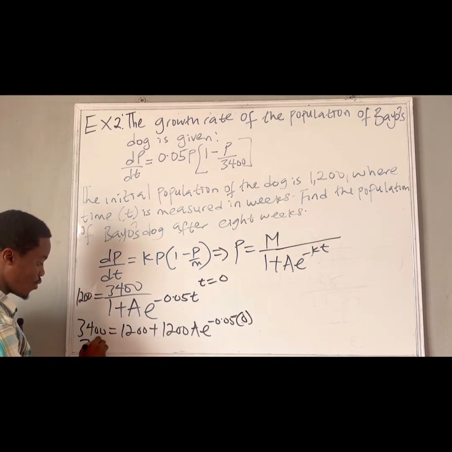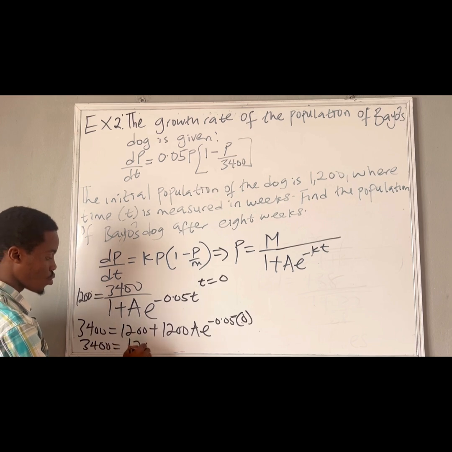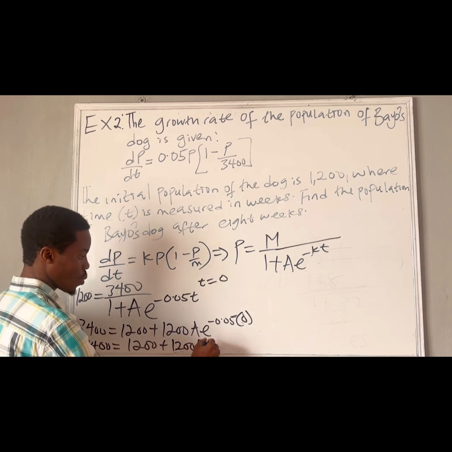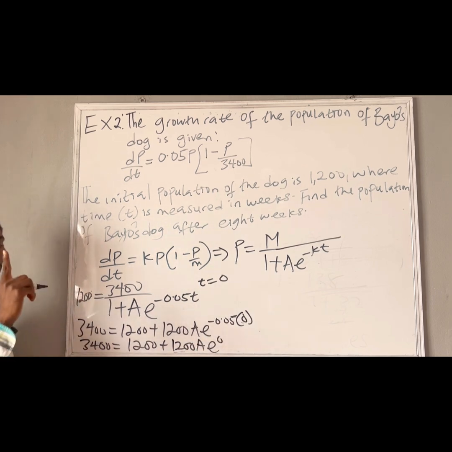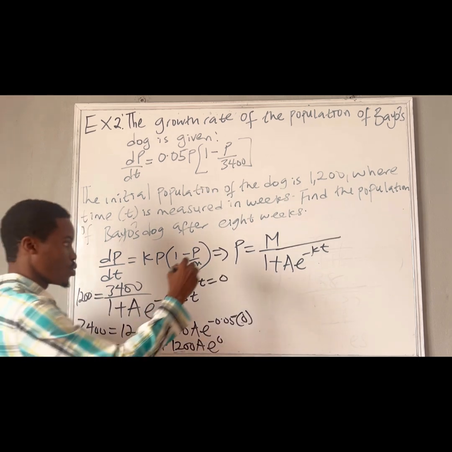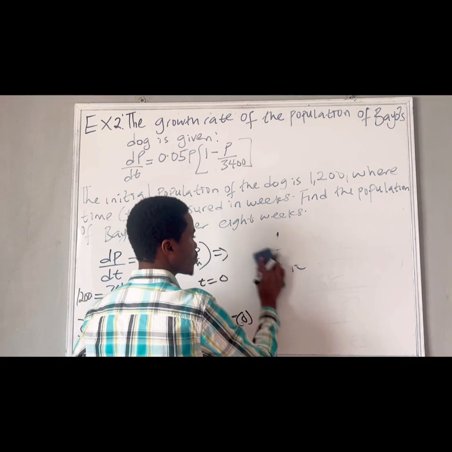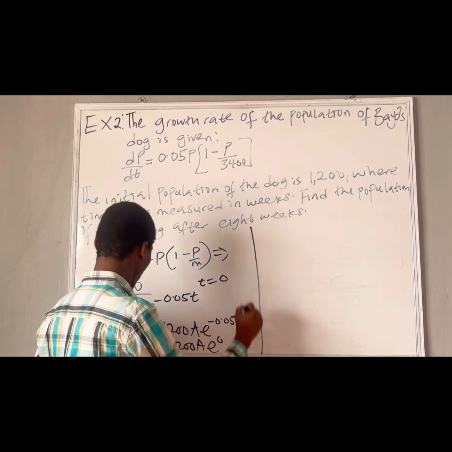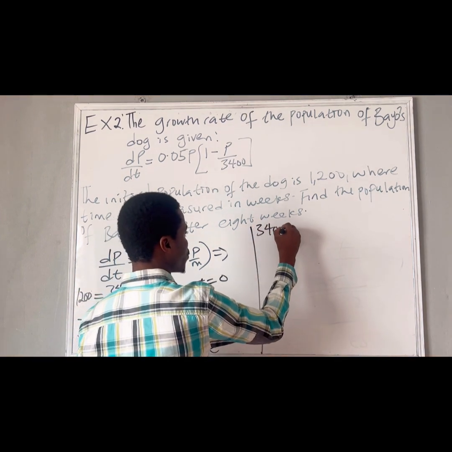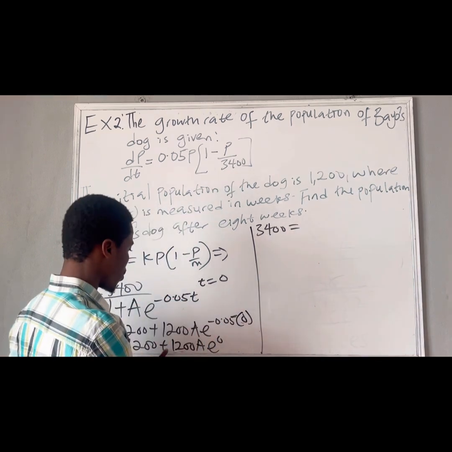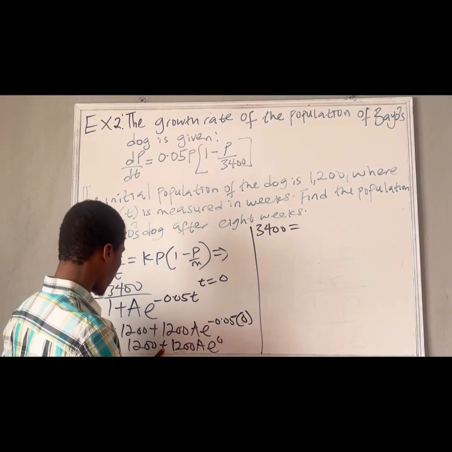Now I have 3,400 is equal to 1,200 plus 1,200 A raised to power 0. Anything raised to power 0 we get 1.